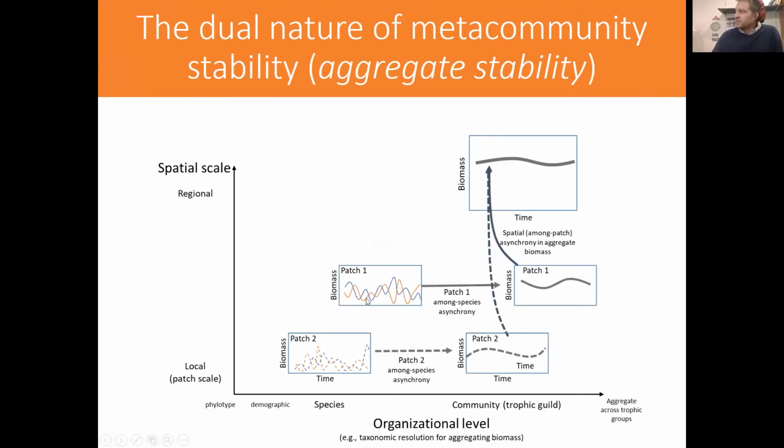If those species are asynchronous at each patch, then that promotes stability at the patch scale. If those patches' total biomass are fluctuating in an asynchronous manner, that can promote stability at the regional or metacommunity scale in this aggregate biomass metric. So that's what we just talked about previously, that Wilcox et al. looked at, and that Wang and Loreau derived that relationship.